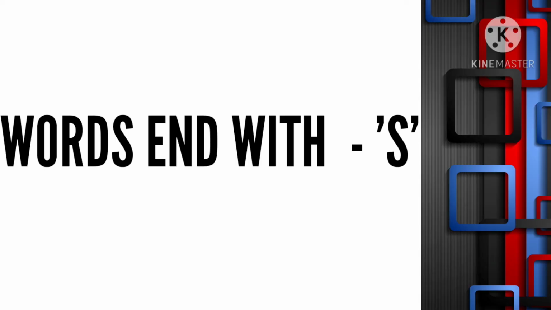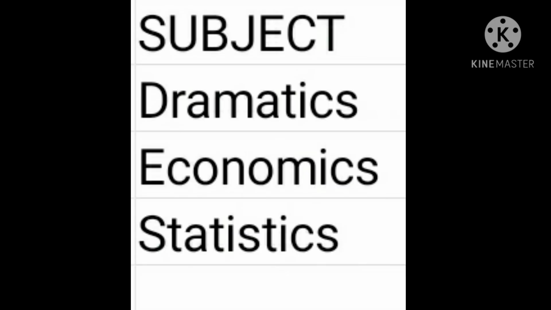Here I want to list out some words that look like plural forms because they end in s, but they are in fact singular nouns. Please keep them in mind, otherwise we will be confused and lose marks. For these nouns we use a singular verb. If we take a subject, a disease, or games or sports: dramatics, it is a subject and singular.